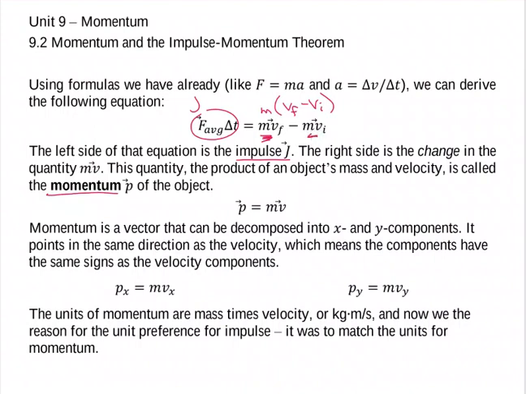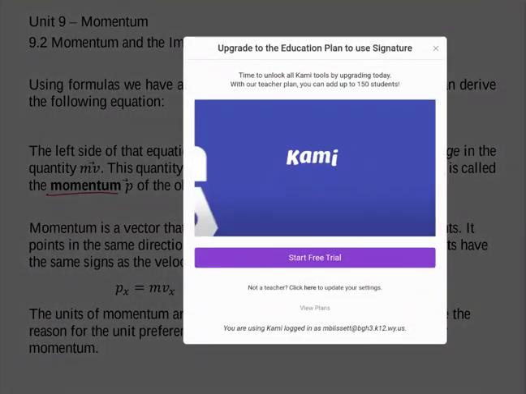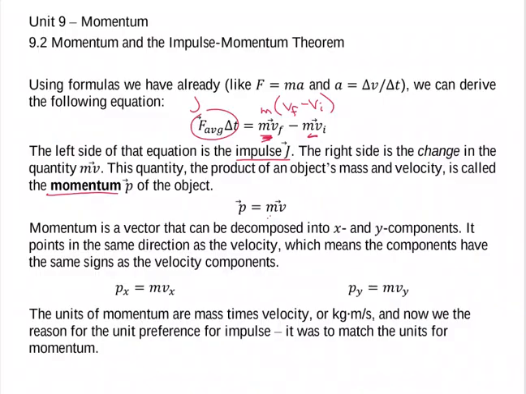Then would this be impulse here? It wouldn't quite be. It would almost be. We'll get there. It would actually be, we'd have to have a change in momentum. So we have momentum equals mass times velocity.